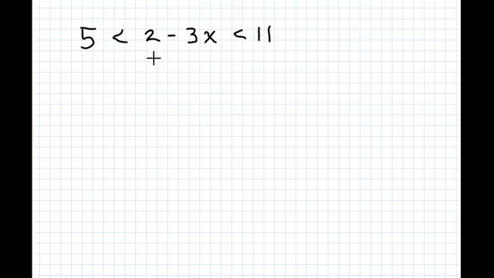Alright, wrote a new one up here. Let's work on this guy here. We've got 2 minus 3x in here. And I think what I'm going to do here is I'm going to go ahead and get rid of this 2 by subtracting 2.